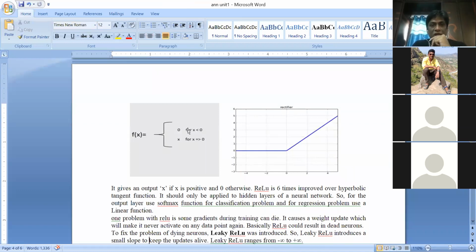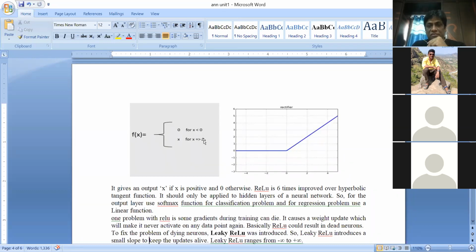So how are the values produced? For input values less than 0, that means the negative values, the output of the ReLU activation function is always going to be 0. And if the input value x is greater than or equal to 0, then it acts as a linear activation function. So it's a combination of two functions. x less than 0 is part of our binary step function, and x greater than or equal to 0 acts as a linear function.